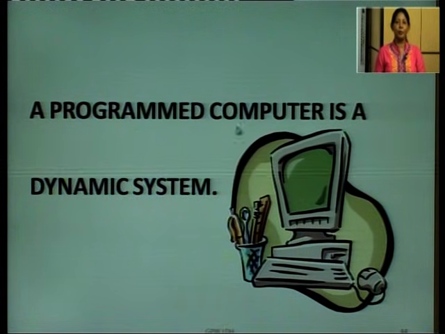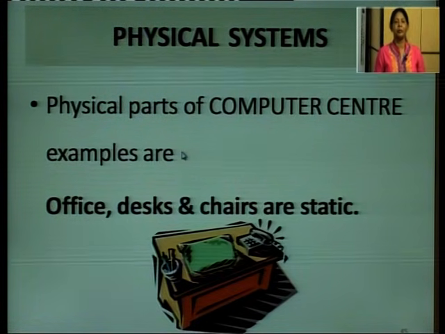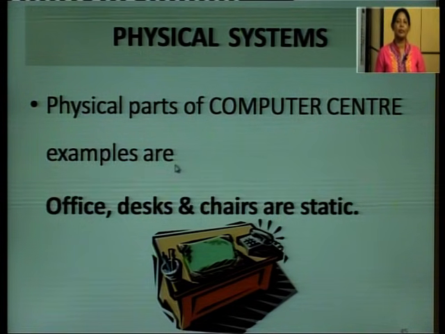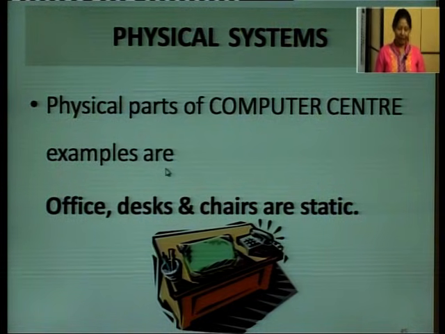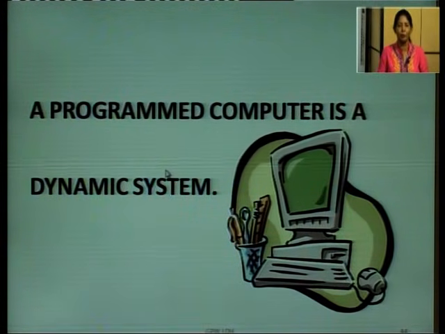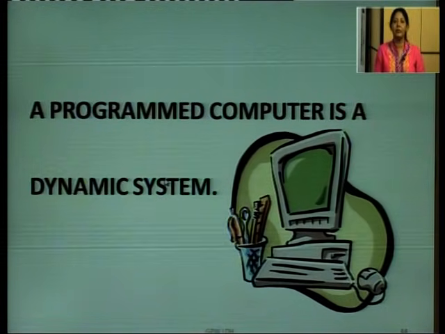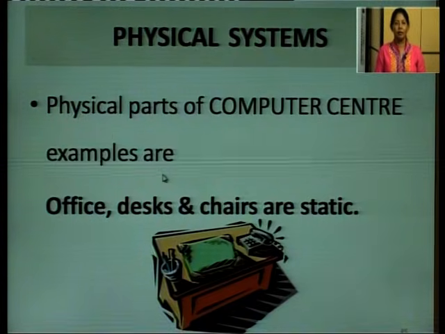A programmed computer is a dynamic system, while the physical parts of a computer center, like the office, desks and chairs, are static physical systems.